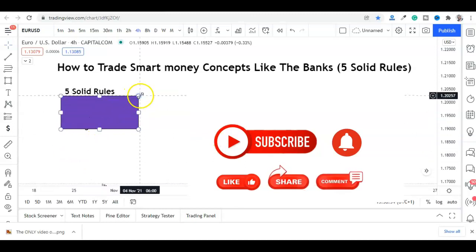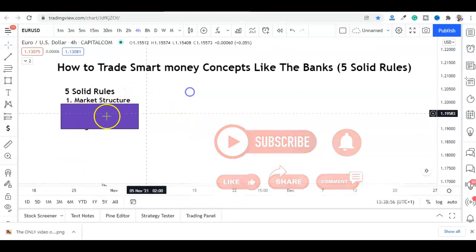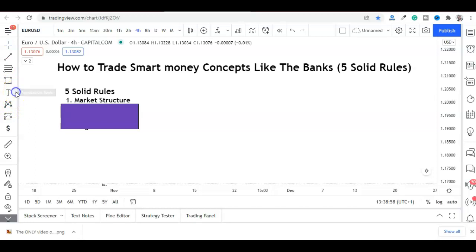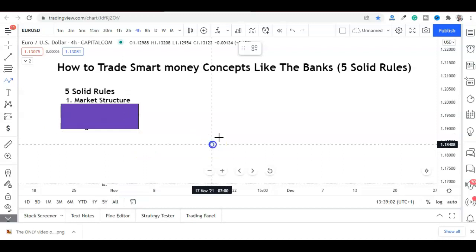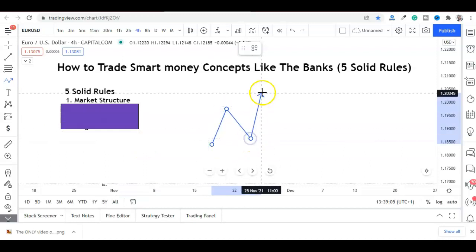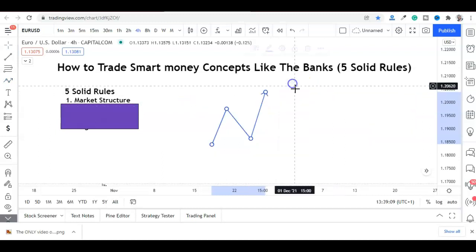The first rule is your market structure. And what are you looking for here? You are looking for your directional bias, okay? And also, what form of market structure are you looking at?